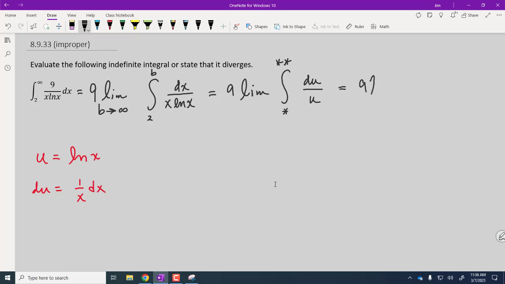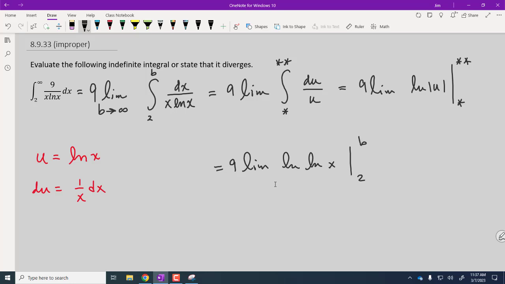So this is going to be 9 limit. That's going to be natural log absolute value of u. And we're going to have placeholder limits for a moment here. We're going to have 9 limit natural log of x. Ooh, this is getting fun.